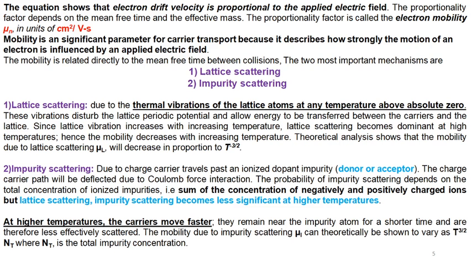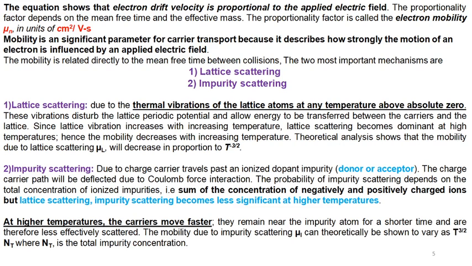This equation is very important. The drift velocity is directly proportional to the applied electric field, and the mobility is the constant for the material. This proportionality constant is called the mobility, and it is a very important parameter for carrier transport, that is, for electrons and holes inside the semiconductor material.